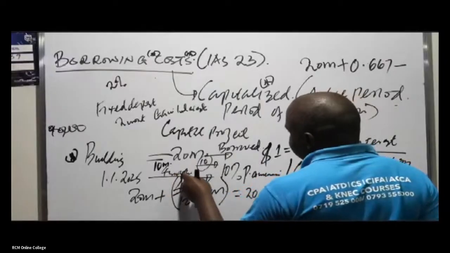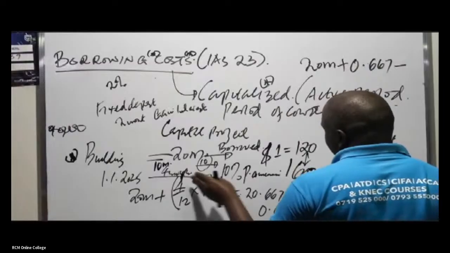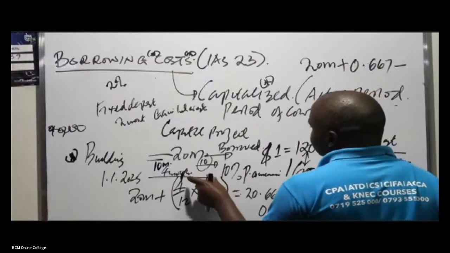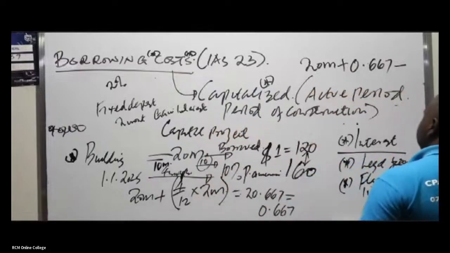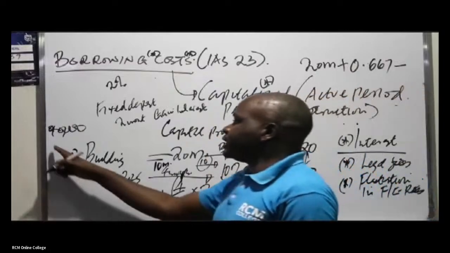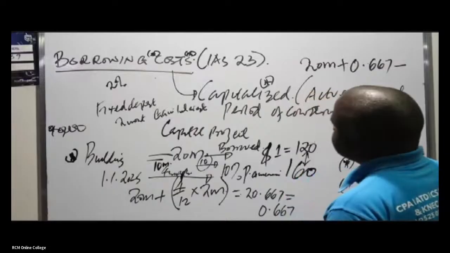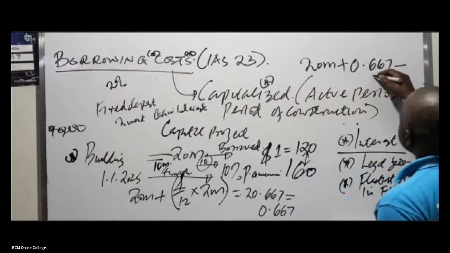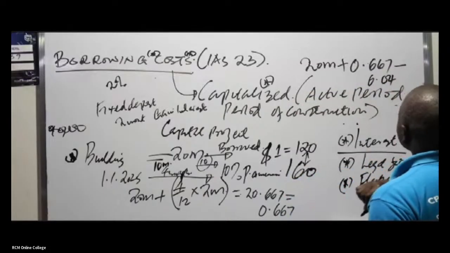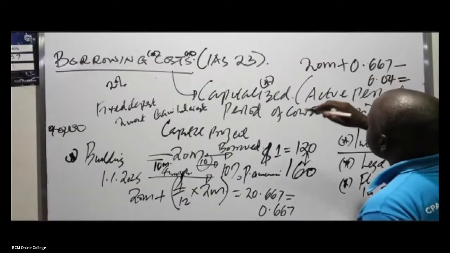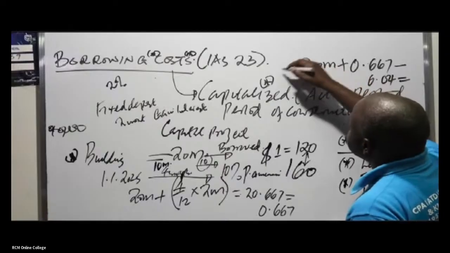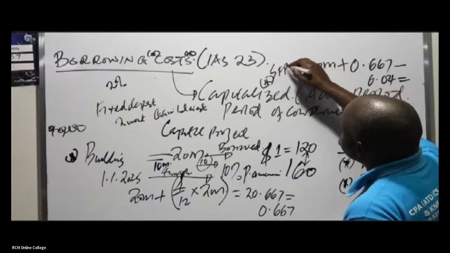If you earned interest for a number of months, you need to ignore all those other months. Only consider the interest you earned during the active period of construction. So in this case it was 40,000, minus 0.04. So that now you'll get the total cost of this asset to report in the statement of financial position.